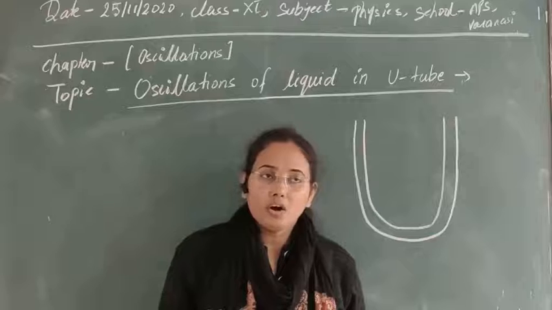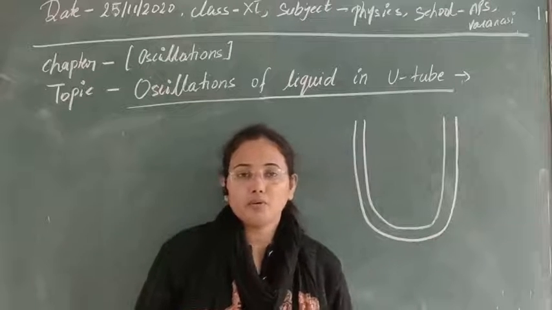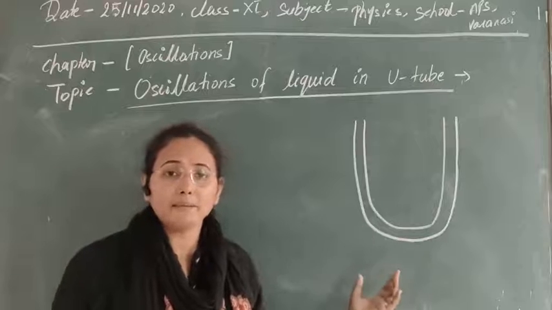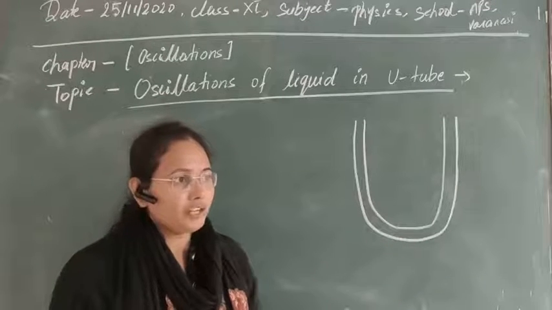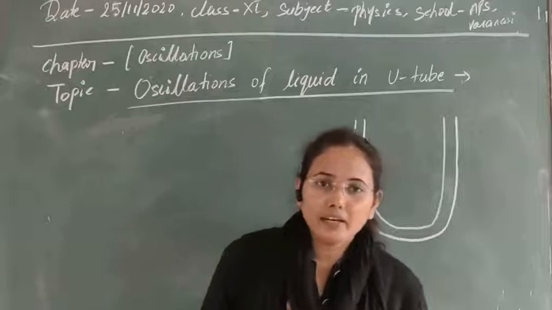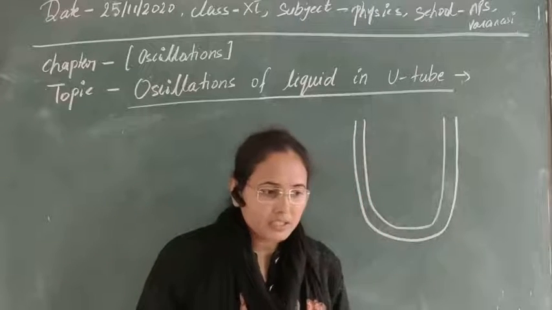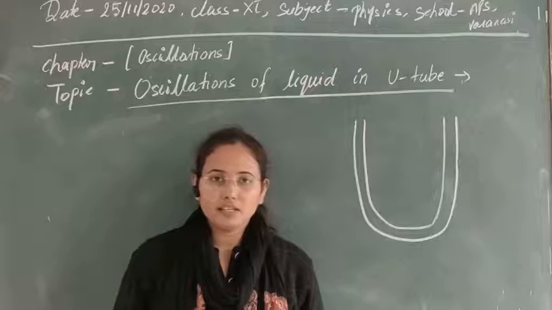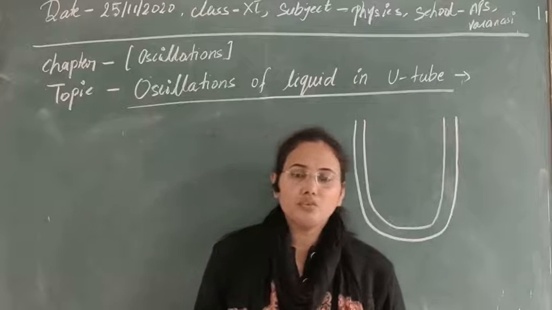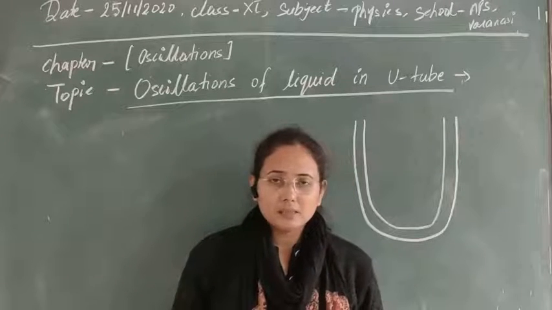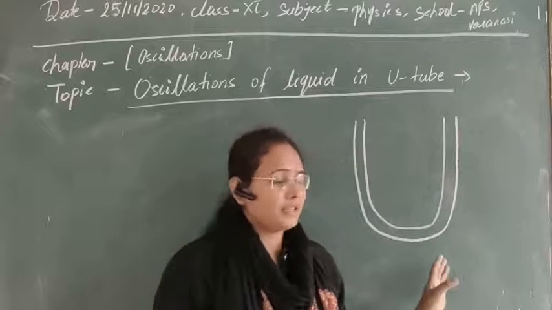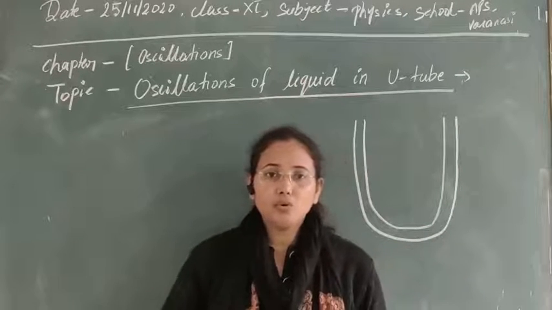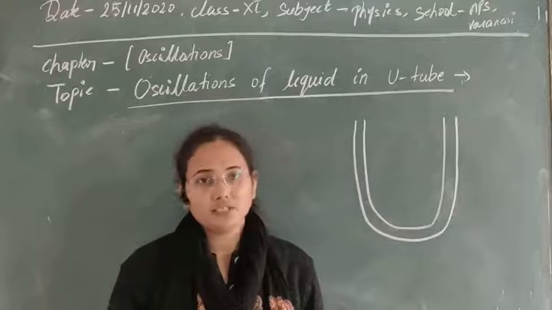If it does, what will be the conditions, the time period, and the frequency? In every example we try to calculate the time period and frequency of oscillation, because if you know these two quantities, you can say which system is more preferable for oscillation.